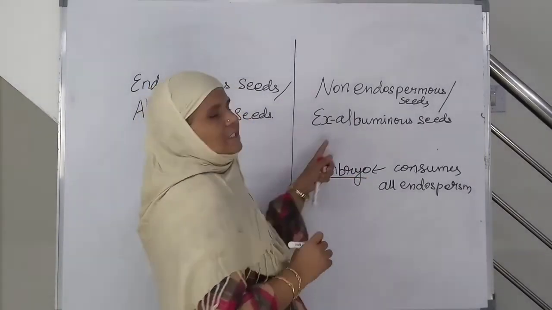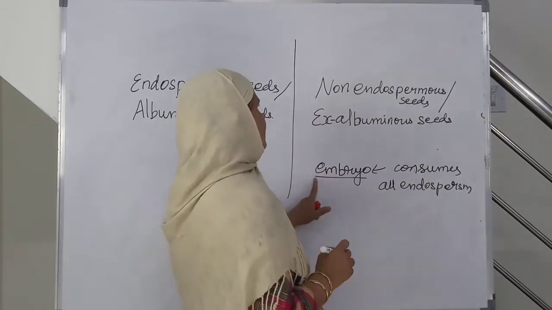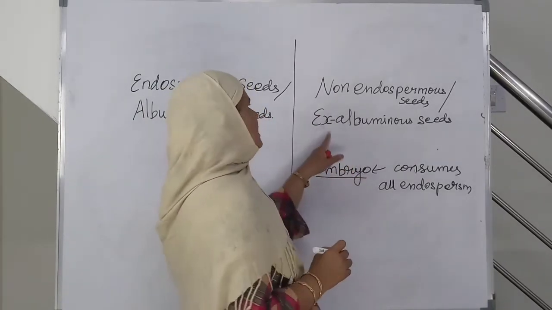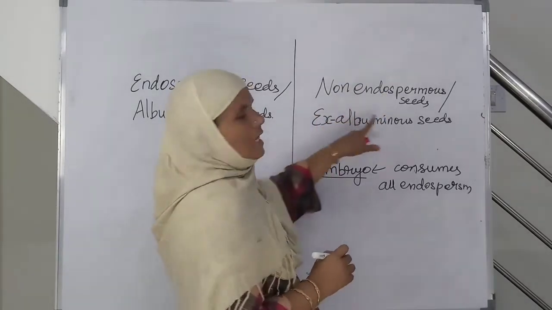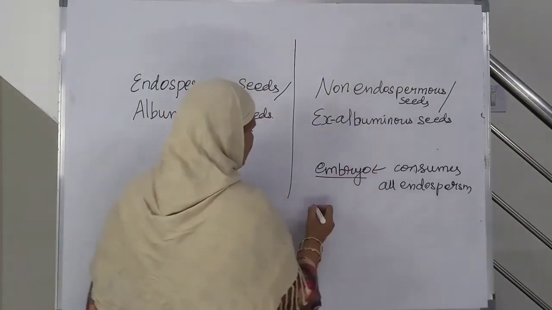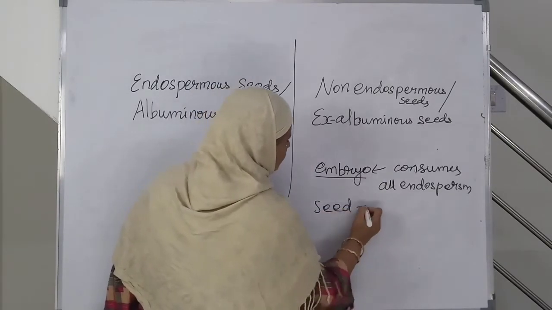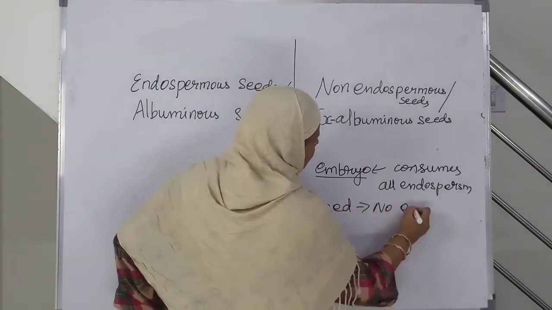So the seed does not contain the endosperm. This type is called non-endospermous seeds or ex-albuminous seeds. So in the seed there is no endosperm.